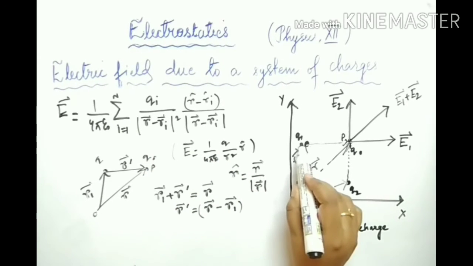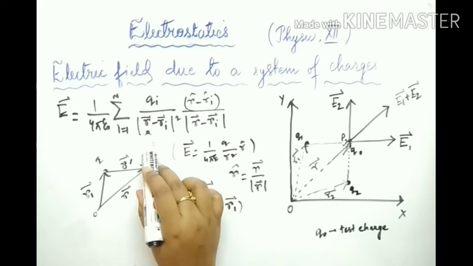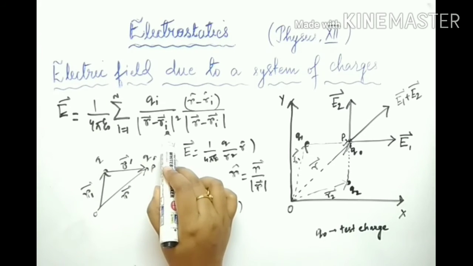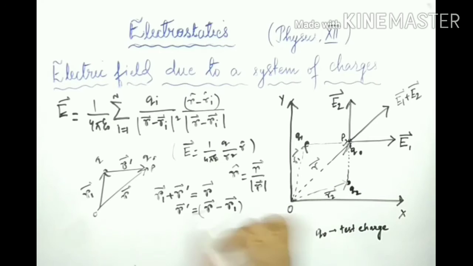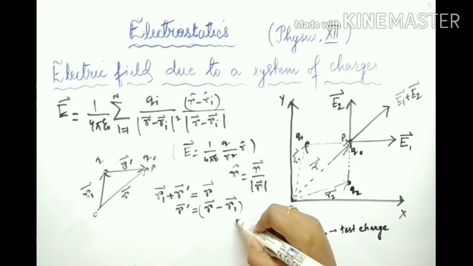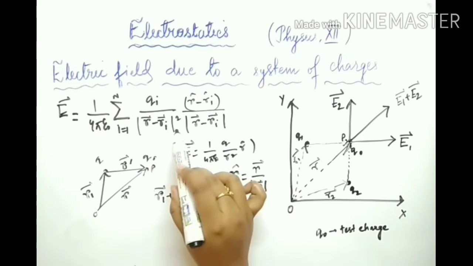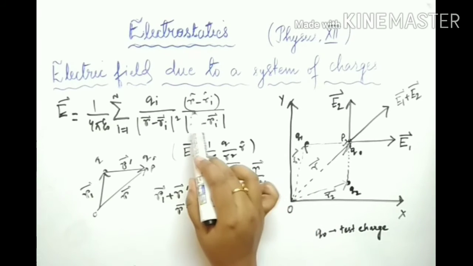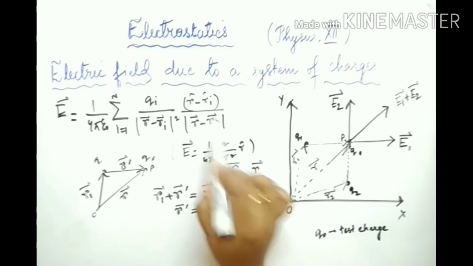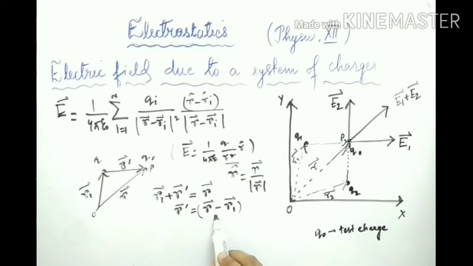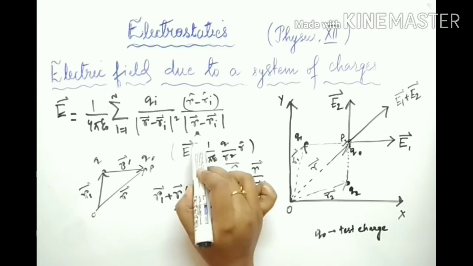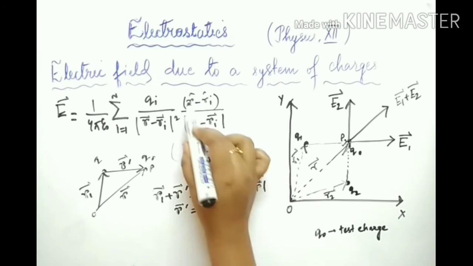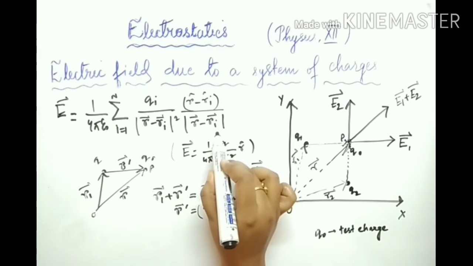Qi means, suppose the first charge, and this is r minus ri, that is r minus r1, and that is squared. Now, unit vector means the vector divided by the mod of the vector. This vector is given by r minus ri, here r minus r1, and mod means the magnitude. So again this vector's magnitude is this.